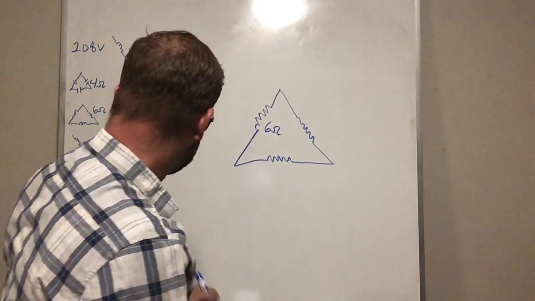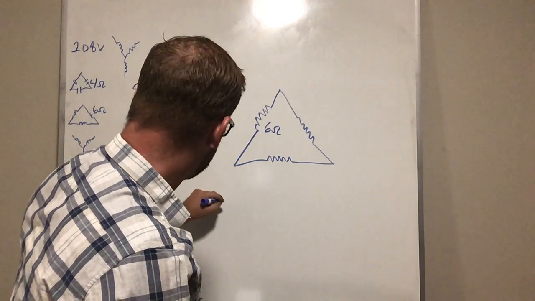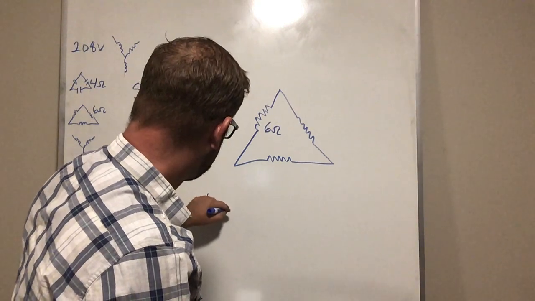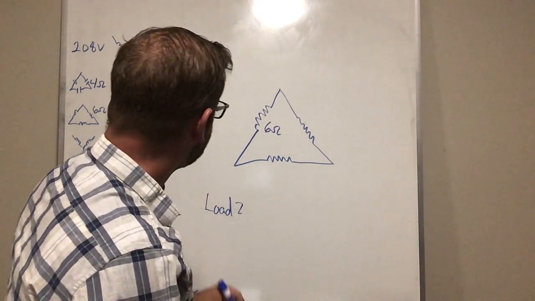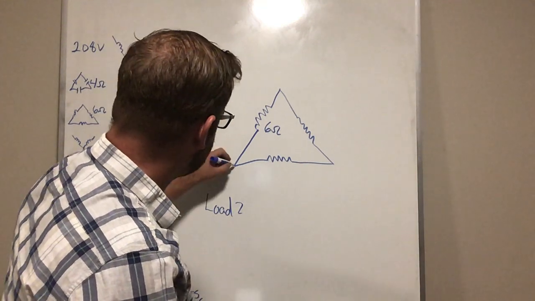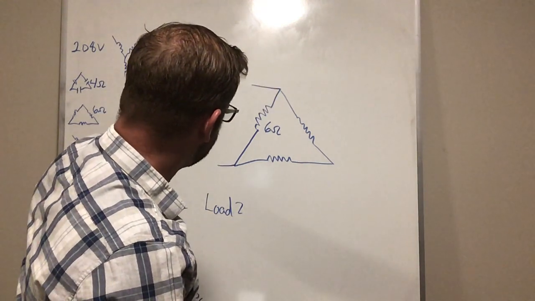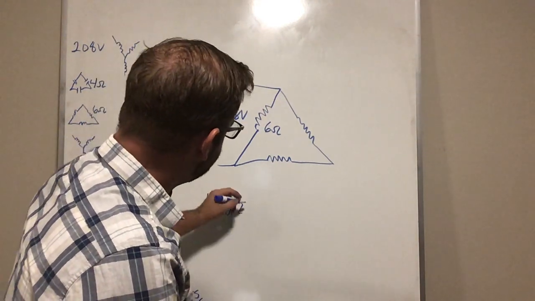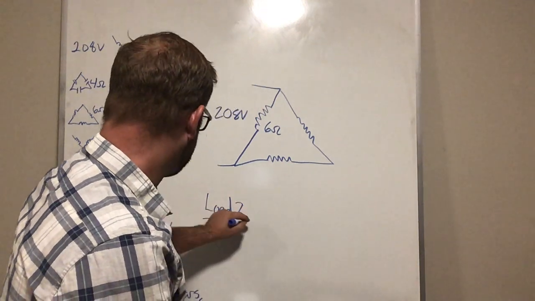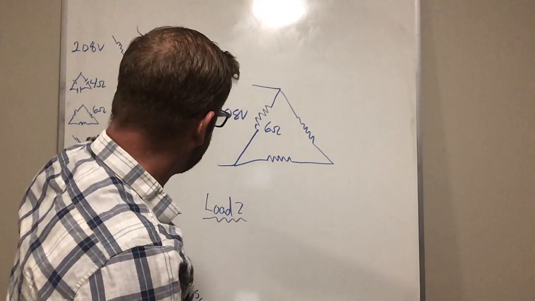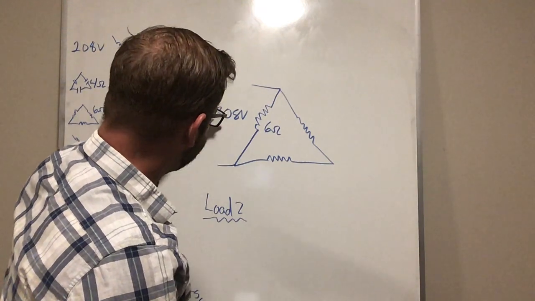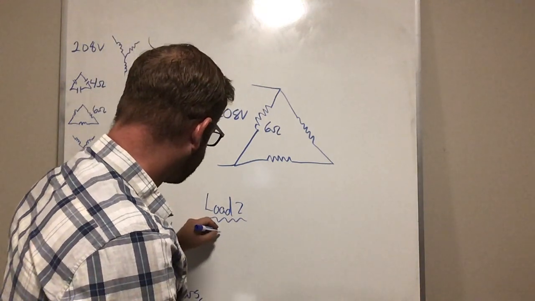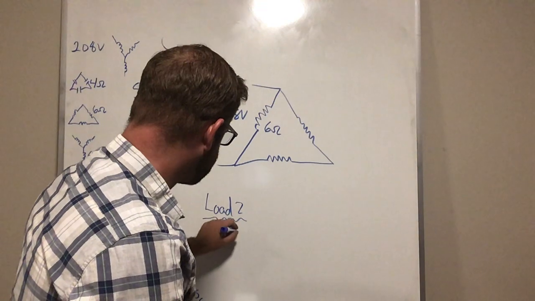We have 6 ohms per phase, so we know that load number 2 is going to be our resistive load, and we know that we had a line voltage of 208 volts. So 208 volts is our E line, and in delta, our phase and line voltage are the same. So we know that our E phase is 208 volts.